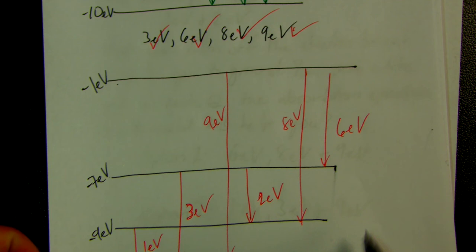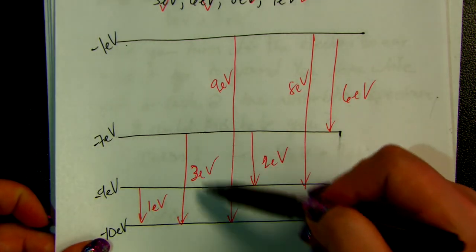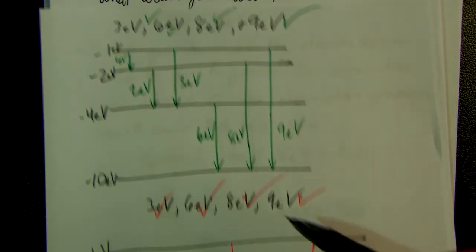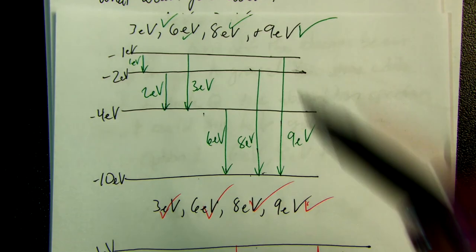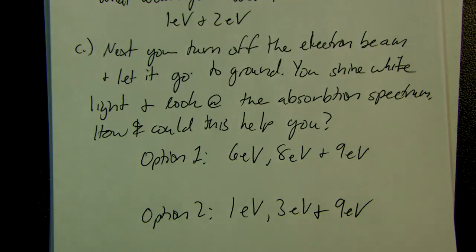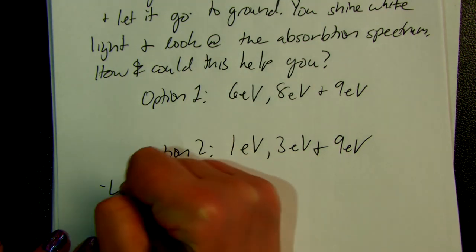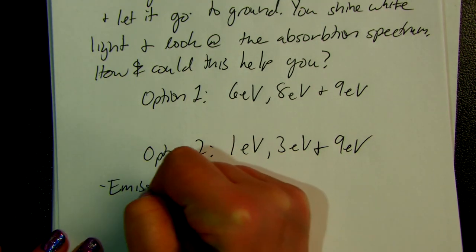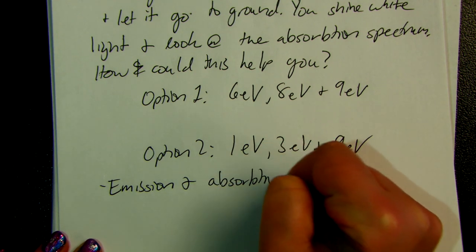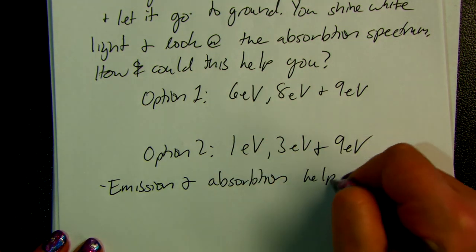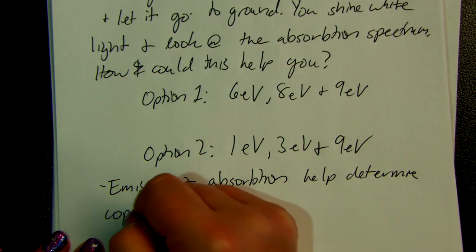So you remember, ground is off the table, so you're looking for here to here, here to here, here to here, here to here, here to here, and here to here. So emission and absorption help determine composition.